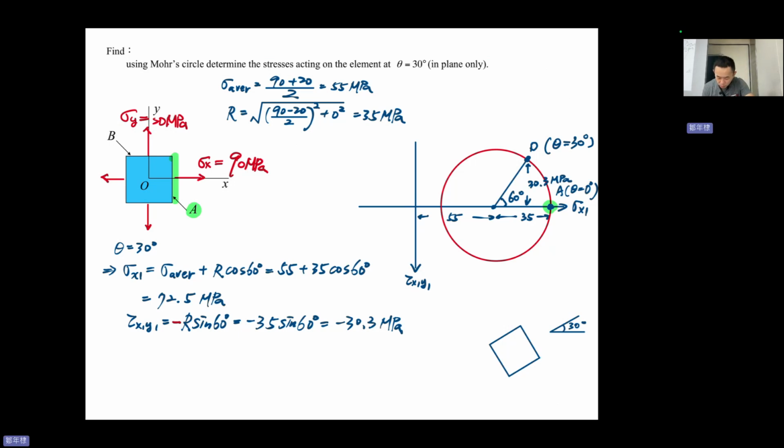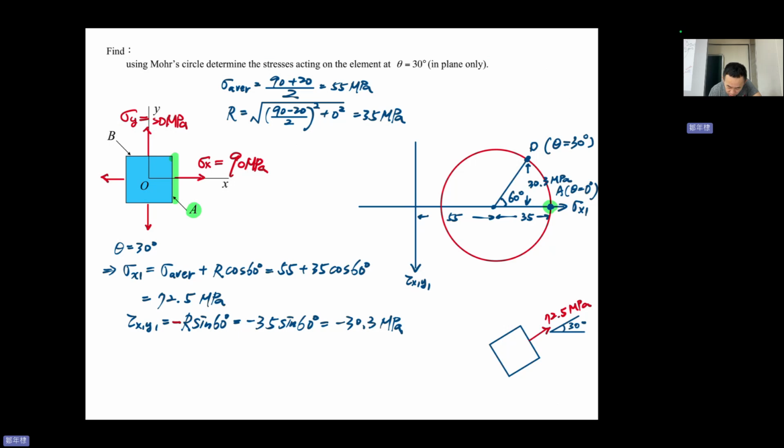All right, so this is, oh, perfect. So you can see 30 degree, 72.5, 72.5 MPa.